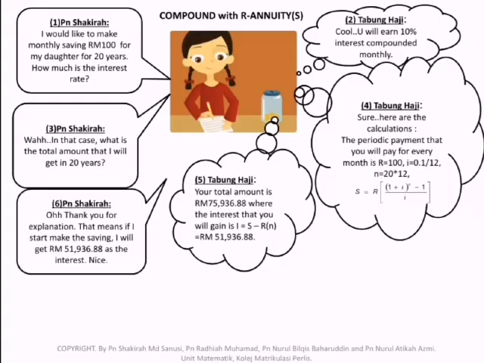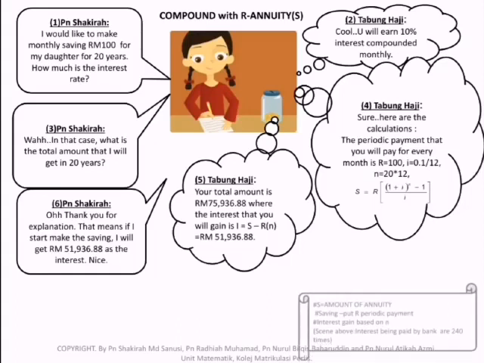Wow, thank you for the explanation. So that means that if I make saving RM100 start now for 20 years, basically I get the interest for about 51,000. That's cool. Thank you. You're welcome, Miss.